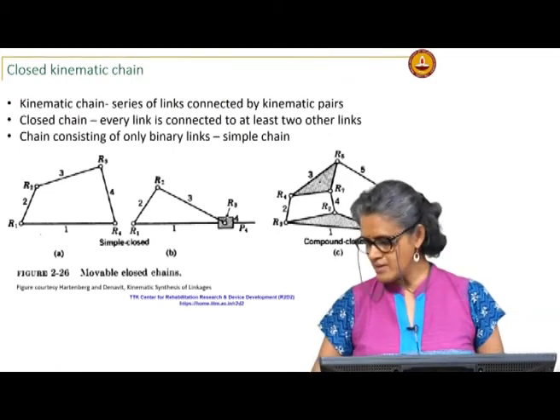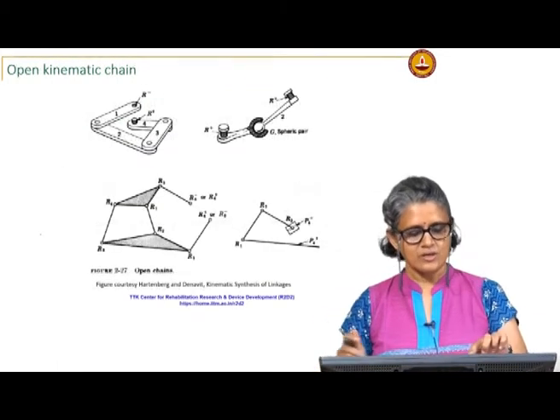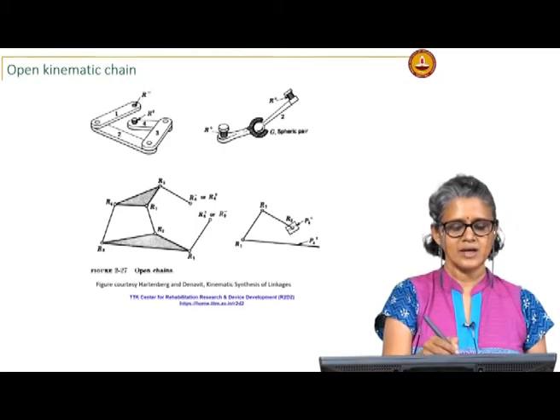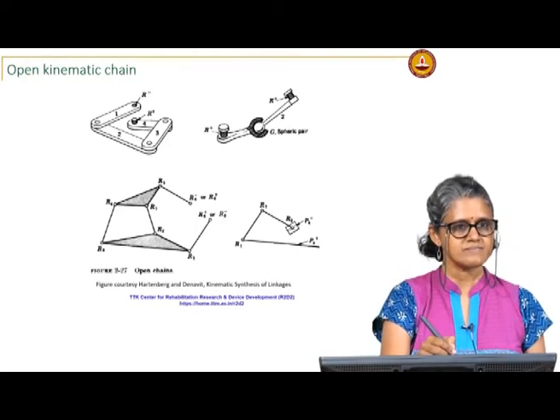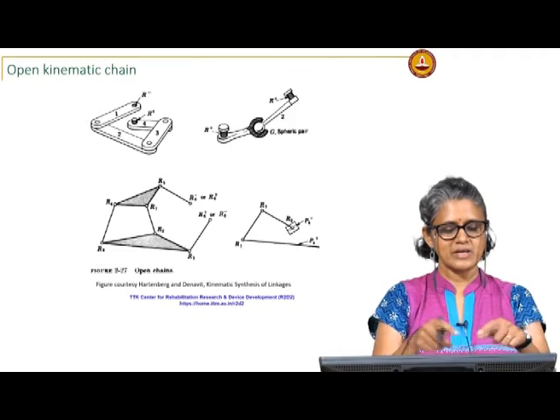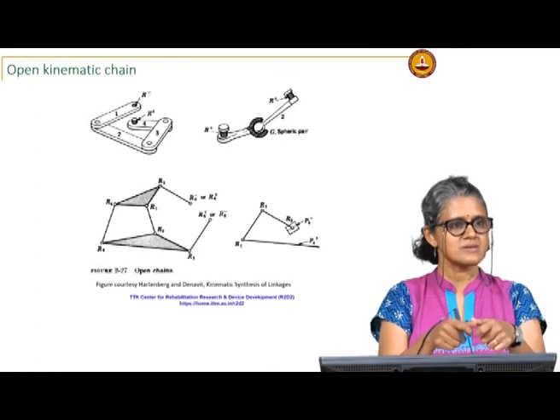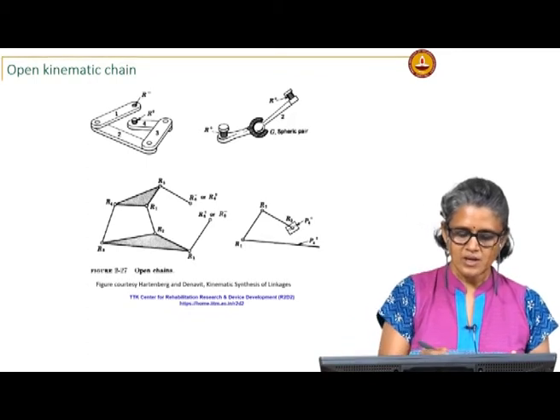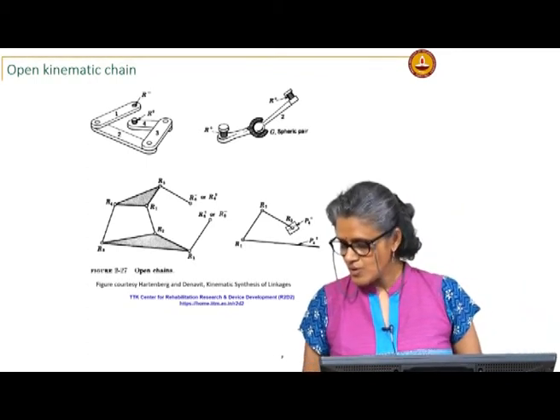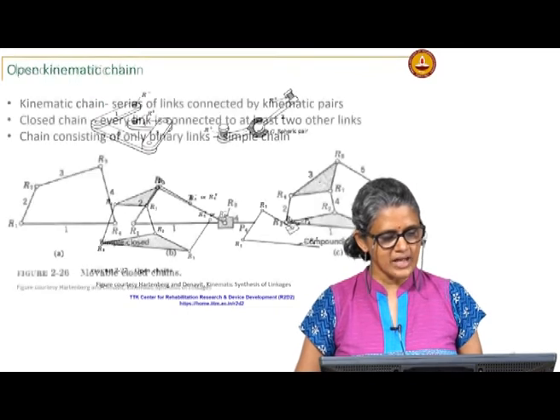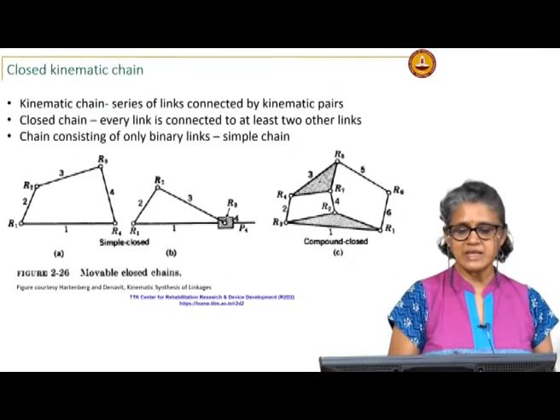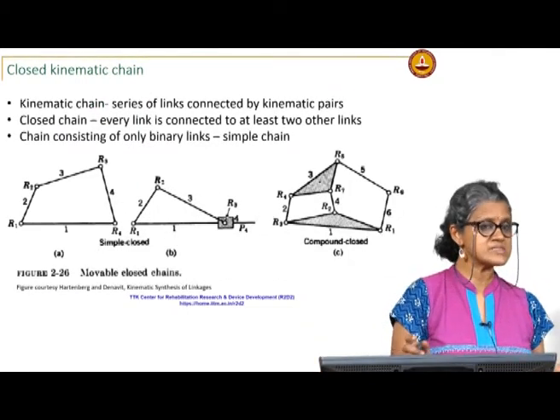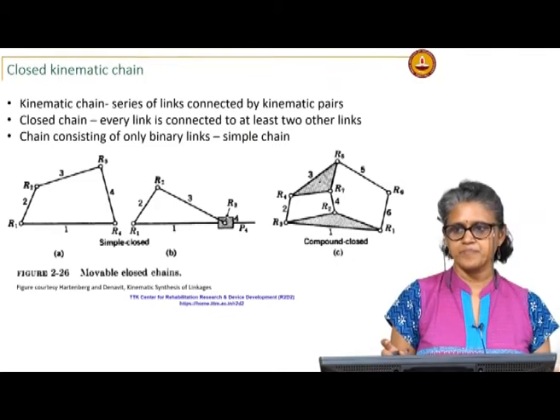In an open chain, as we will see here, you will see that there are 2 singular links here. Okay, so if I take apart a 4 bar and just leave it, that would become an open kinematic chain. So, there will be no singular links in a closed kinematic chain.